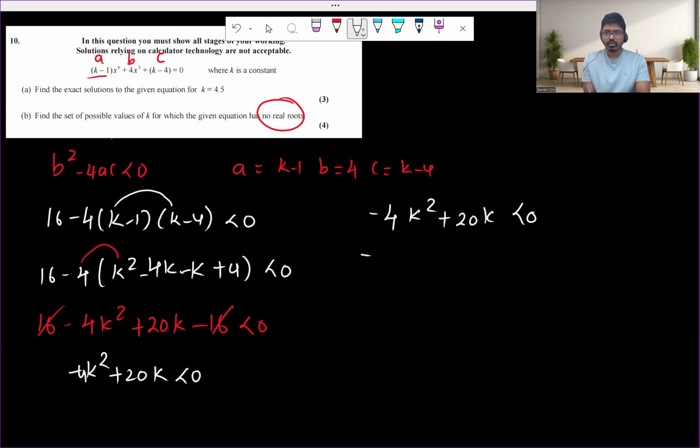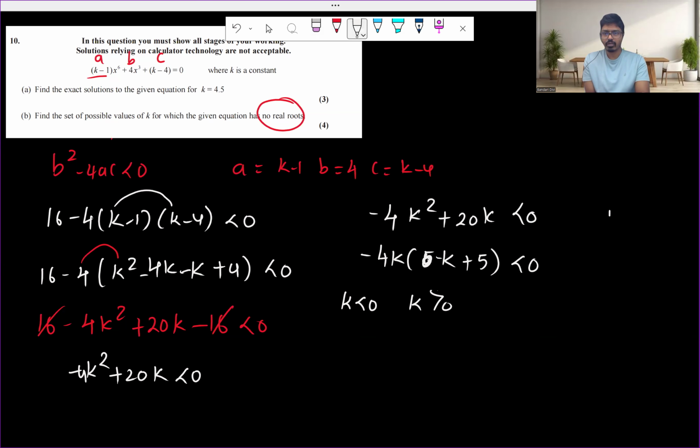If I take 4k common, what will I get? 4k times (k minus 5)... so this is less than 0. Therefore our k value is less than 0 and k value is greater than 5, right?